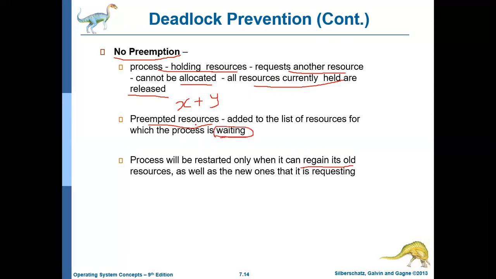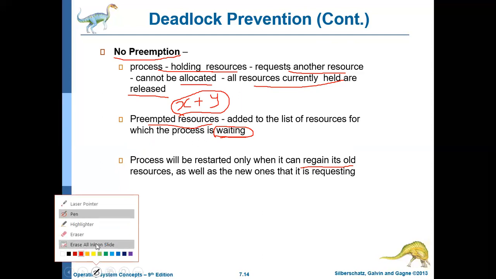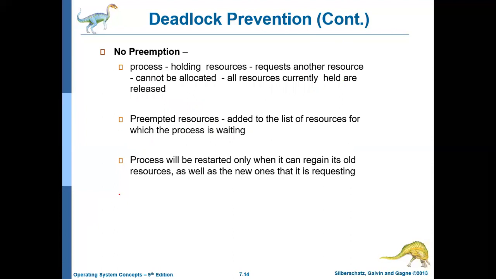And the process will be restarted only if all these X plus Y resources are available at the same time. Until then, it will be waiting. So if these rules are followed, then the no-preemption condition can be avoided. Okay. So why do we want to avoid it? Because by avoiding any one of these conditions, deadlock can be prevented.